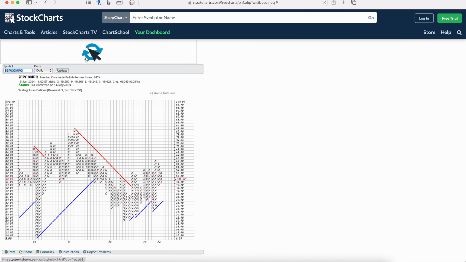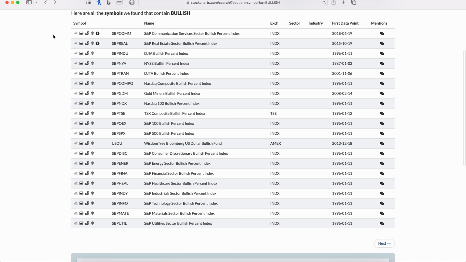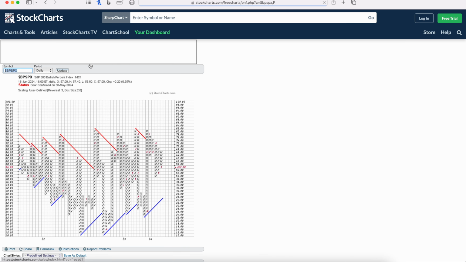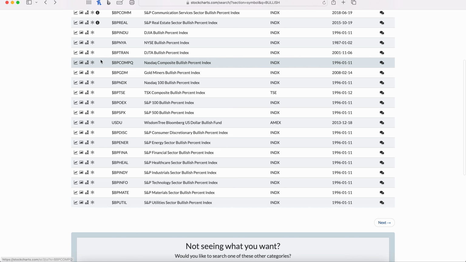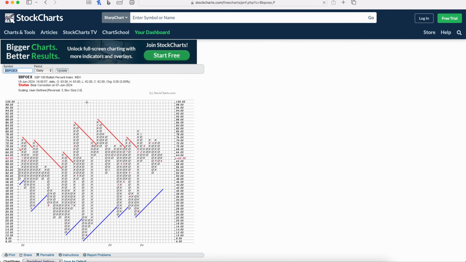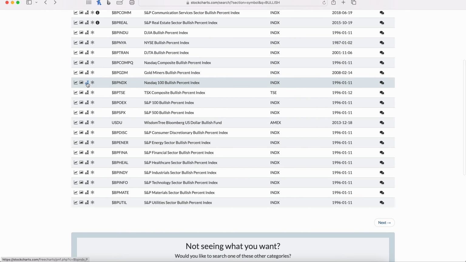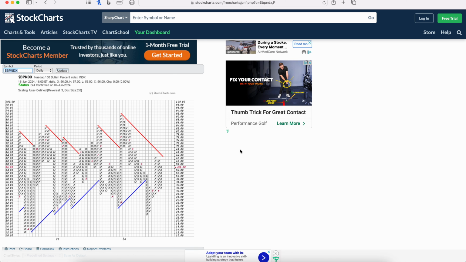Nasdaq up 0.09%. The S&P 500 up 0.35%. The S&P 100 didn't move. And the Nasdaq 100 didn't move. An awful lot of nothing today.